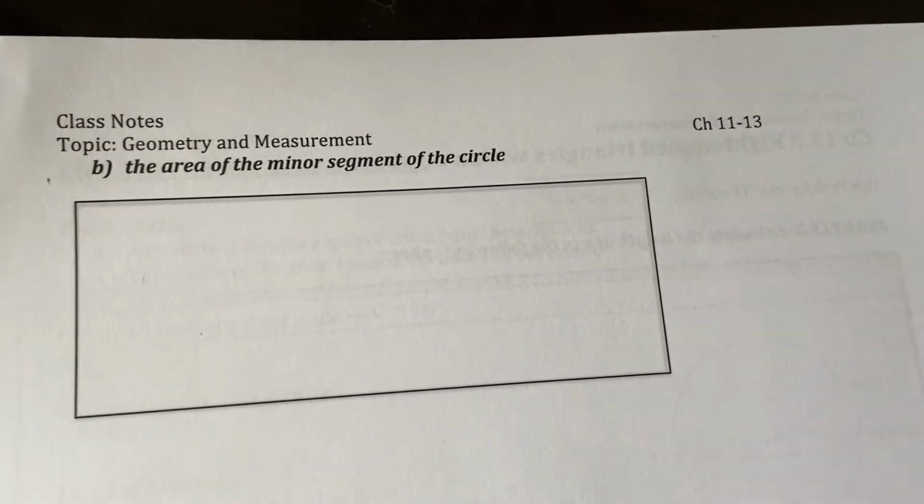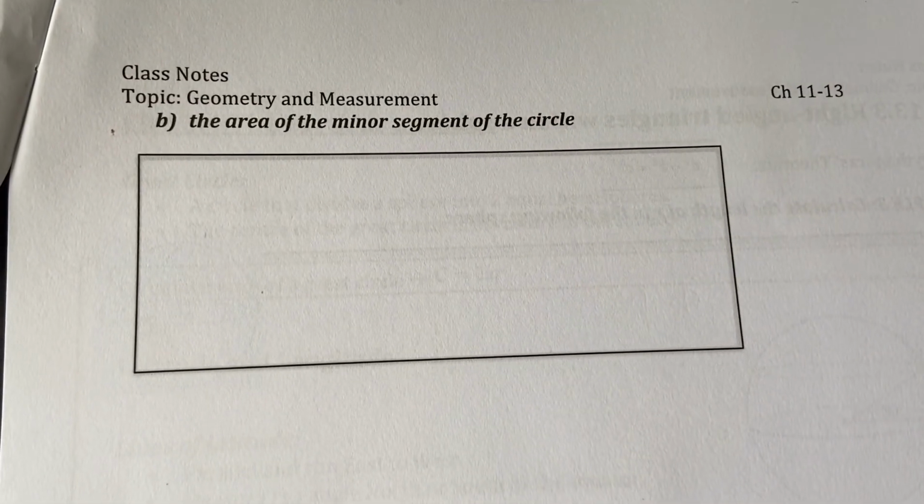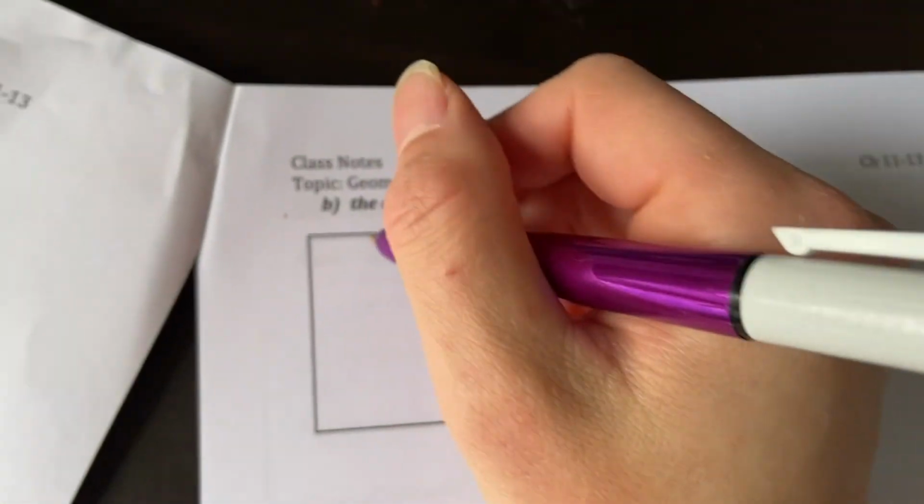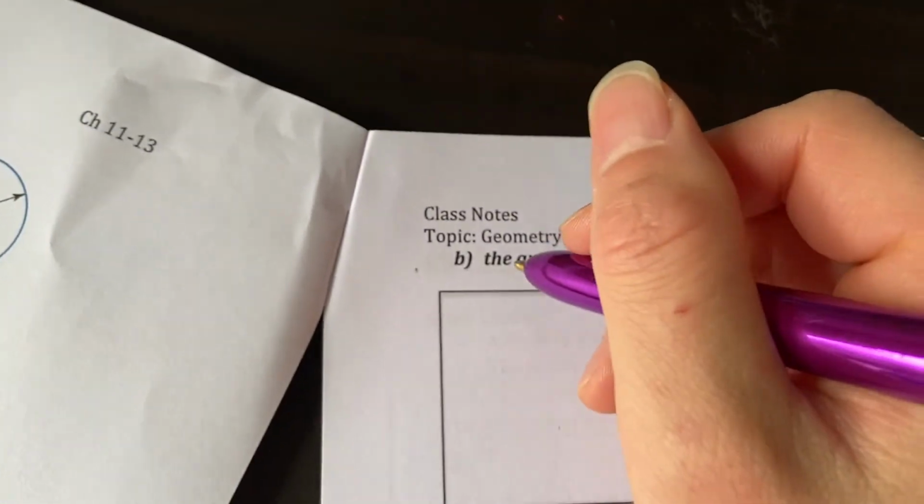Let's actually keep this open so I can flip back and forth to my circle. So let's write out the formula. I'm going to do the one with the brackets.